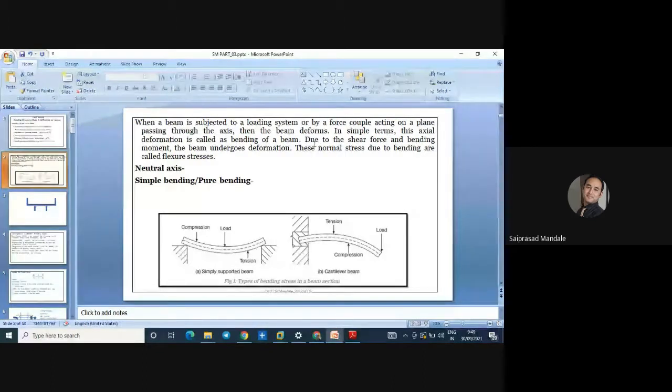In simple terms, this deformation is called the bending of the beam. Due to shear force and bending moment, the beam undergoes deformation. This normal stress due to bending is called the flexural stress.